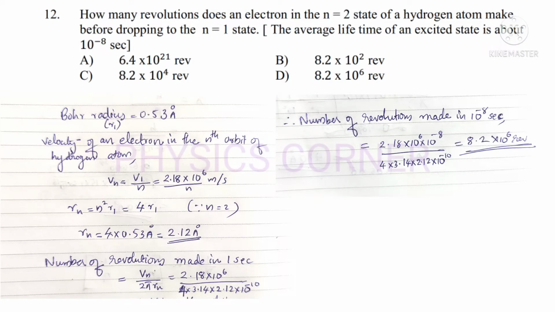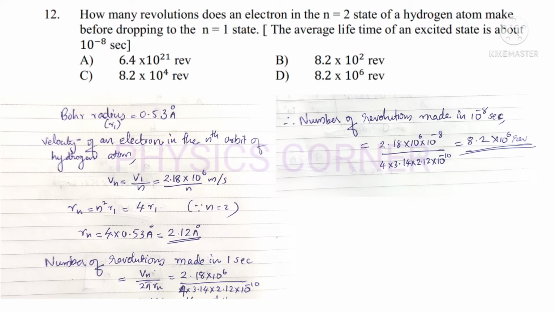So V1 divided by n gives us the value of Vn, and the radius of the nth orbit of a hydrogen atom can be expressed as Rn is equal to n square into R1, where R1 is the Bohr radius.